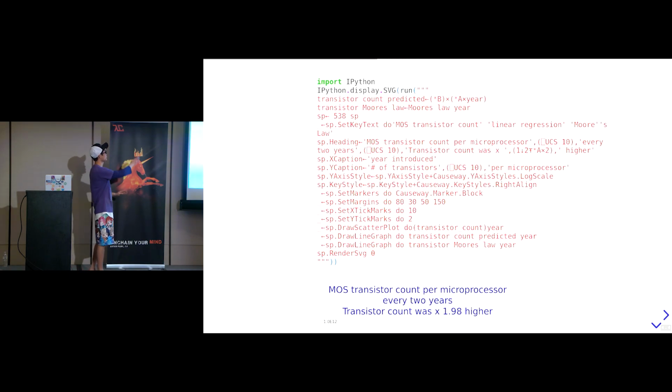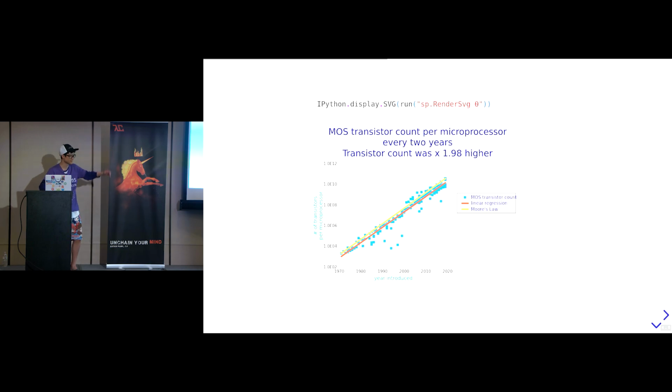And here's the actual plot. You see we're defining similar things here. It's not exactly the same because I got lazy, but you get the point, right? The colors and the legends are good enough.